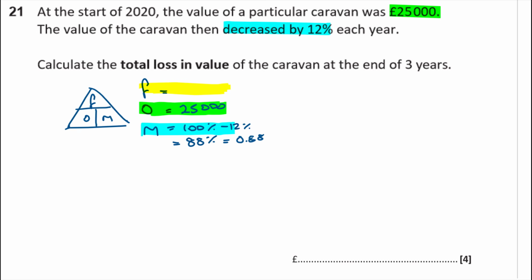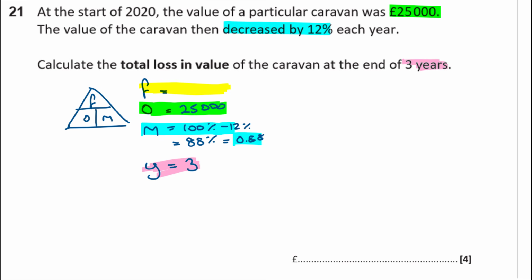So my multiplier I'm going to use is that one there, 0.88. Now, when I'm doing repeated percentage change, I need one other thing, and that is the number of times I'm doing it. It's often the number of years, and in this case, it is 3 years. Look, it comes from here, 3 years. So the number of years is 3.